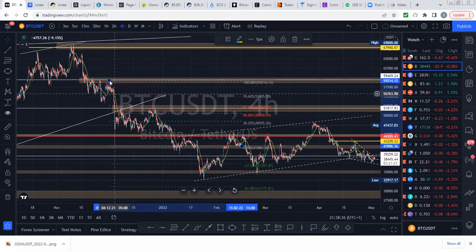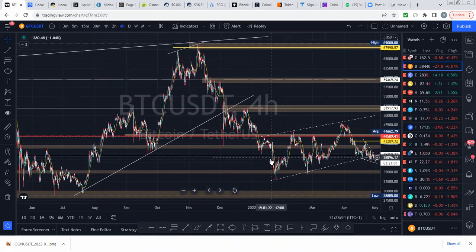Are you following? From here to the low, it is still within this zone, right? Are you seeing how it's respecting the place? Yes, it's respecting it clearly. So that is how to use Fibonacci.